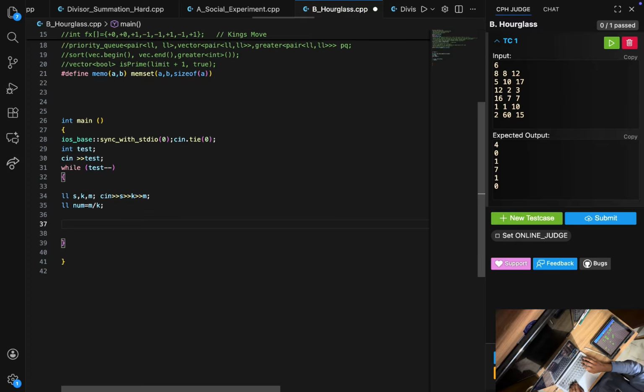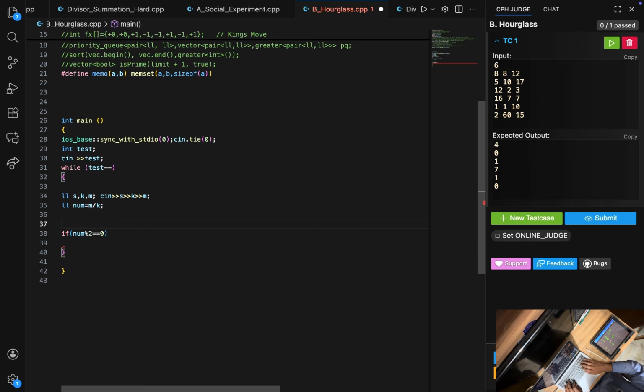Okay, so if the value is even, if num equals 0, then I'll have remaining time something like k.